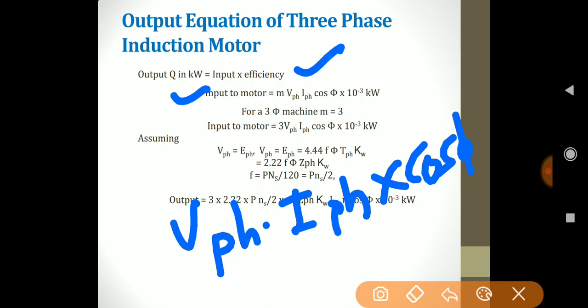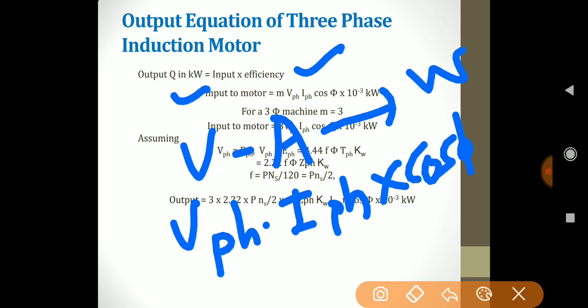See, VPH is the voltage per phase, so its unit will be volts. IPH is current per phase, so its unit will be ampere, so it becomes volt ampere. Volt ampere is converted to watts by multiplying it with power factor. If I want it in kilowatts, I need to add 10 raised to minus 3 in the expression, and this becomes kilowatt.